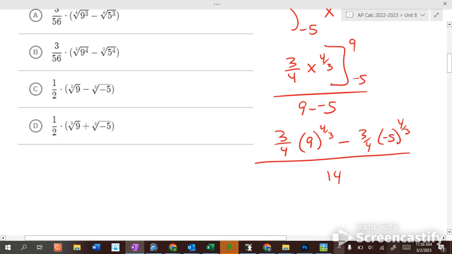All right. So basically, if we move the 4 to the bottom, it's 3 times 9 to the 4/3 power. We can't take the cube root of 9. That's just kind of ugly, right? So it's like that.